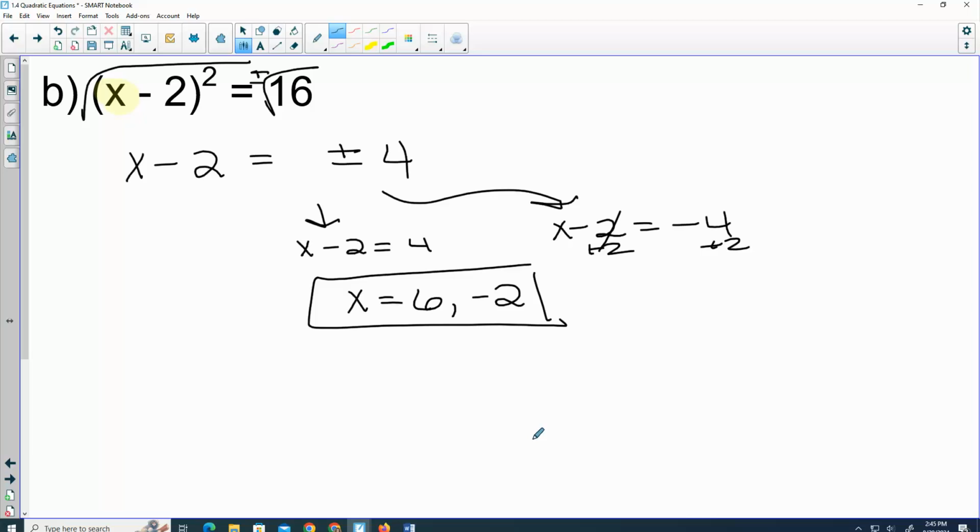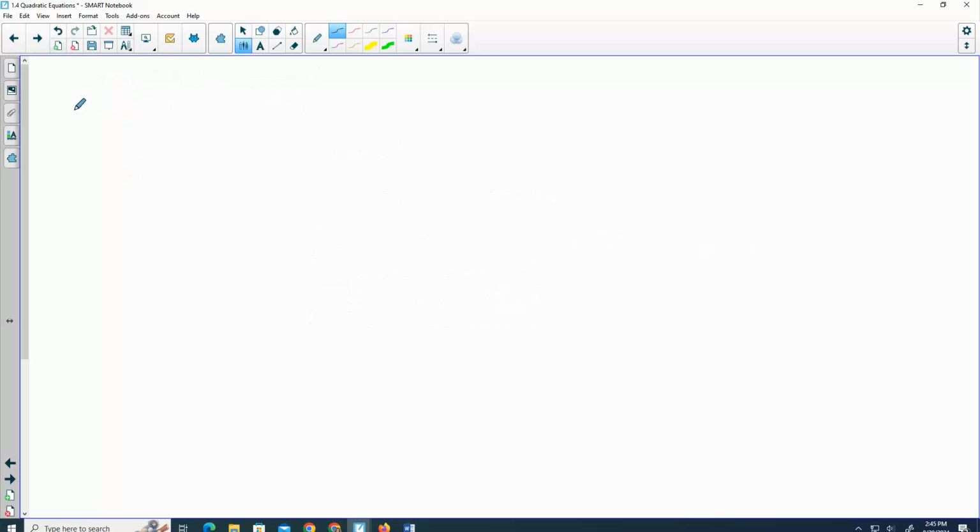One final problem, and I'll stop for the day. What if I gave you x plus 5 squared equals negative 49? What would you do? Square root.